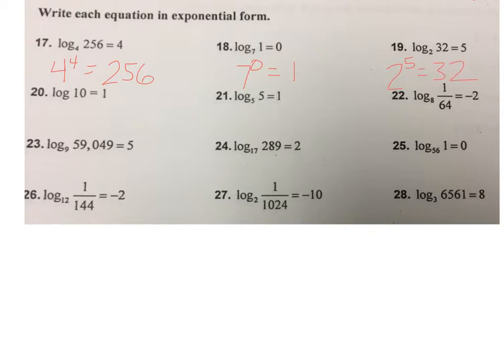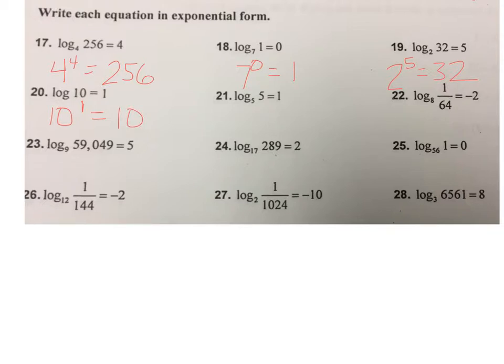And looking at 20, that one just says log of 10 equals 1. Again, I will remind you that if the base is missing, and we're using the word log, this is the common log, the base is assumed to be 10, so this is 10 raised to the power of 1 equals 10.